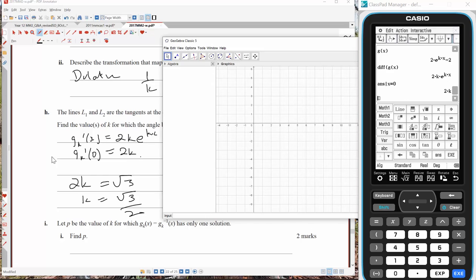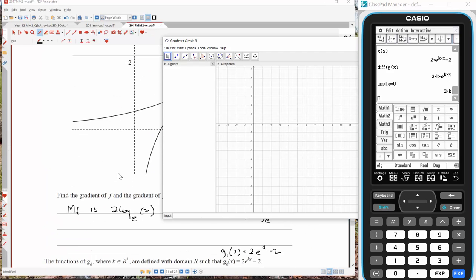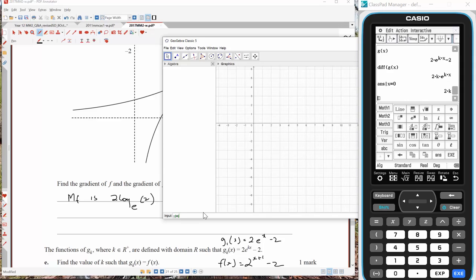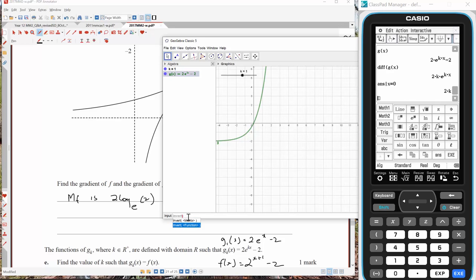We'll graph the original function. g of x equals 2 multiplied by e to the power of kx take 2. Then we'll invert it. There it is.